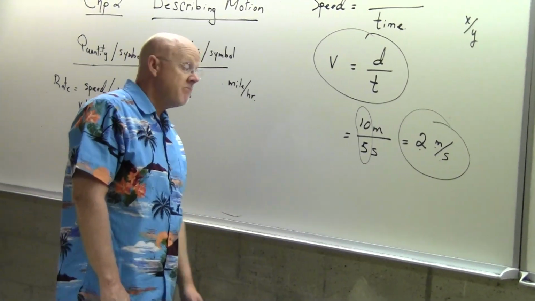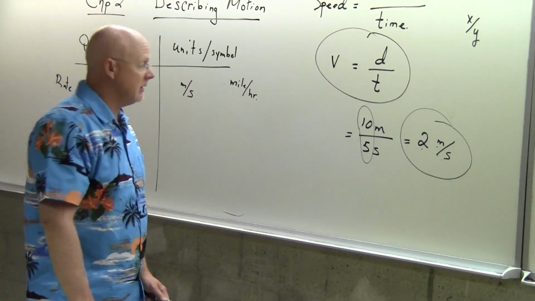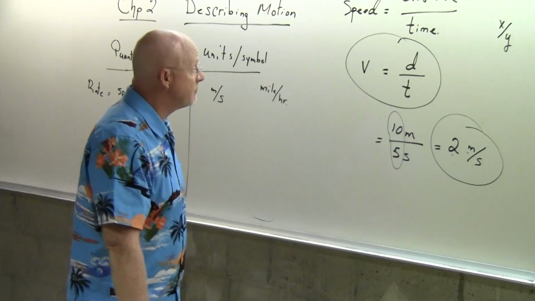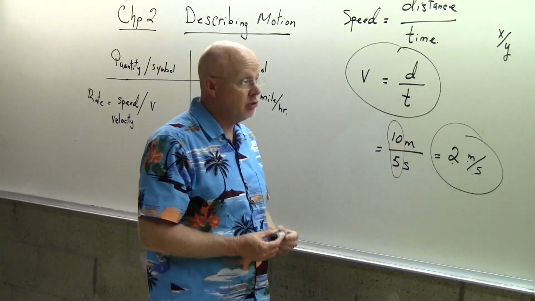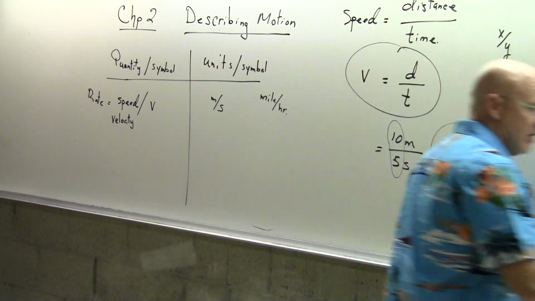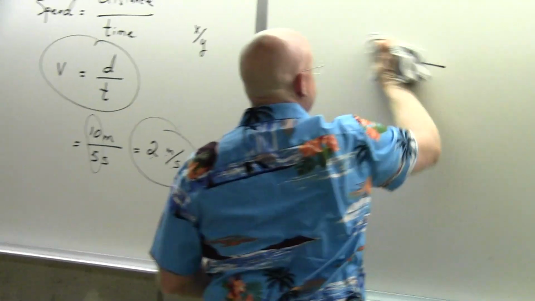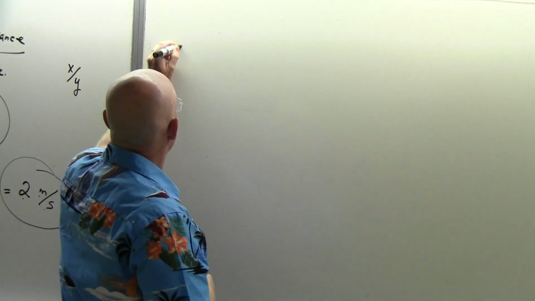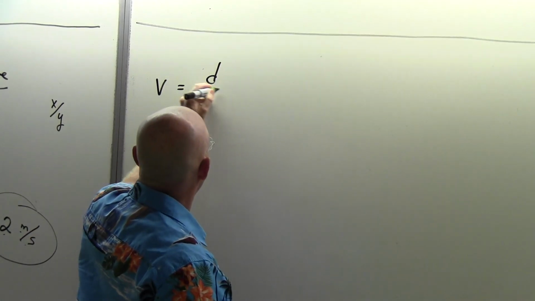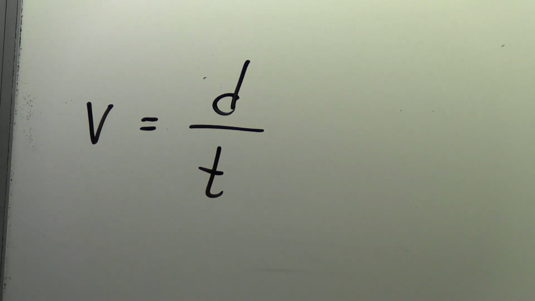Okay? Now, there's a couple of fun things in here that hopefully is pretty obvious to you. But in this equation, notice, let me just kind of clear this off here. But my first formula then would be to say, if you take distance and divide it by time, you get this speed.